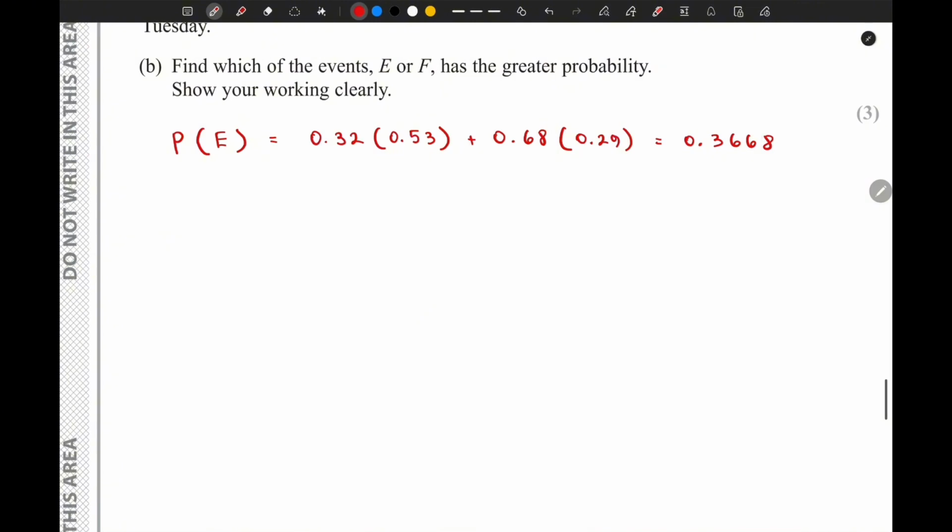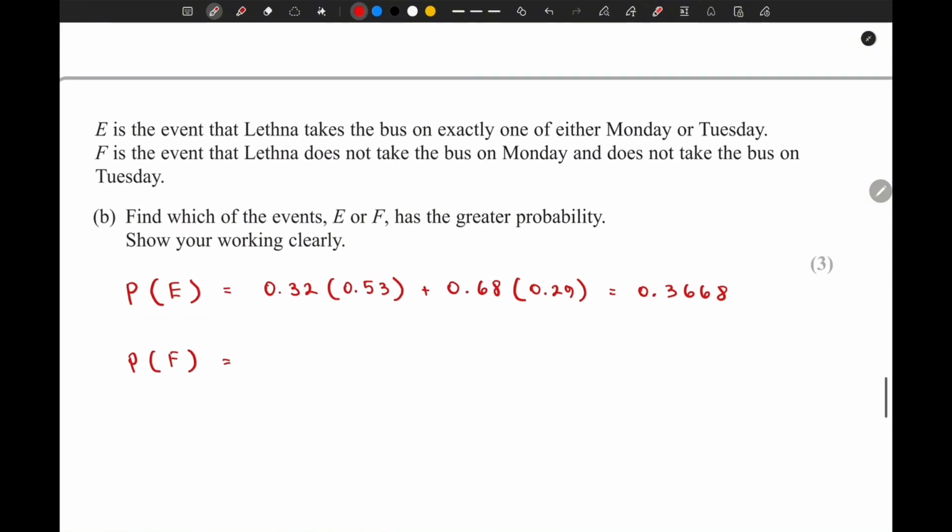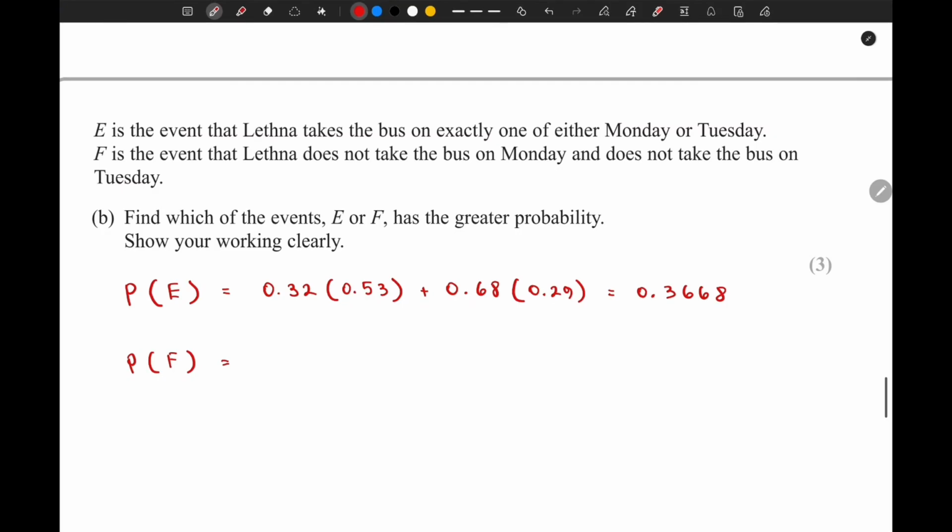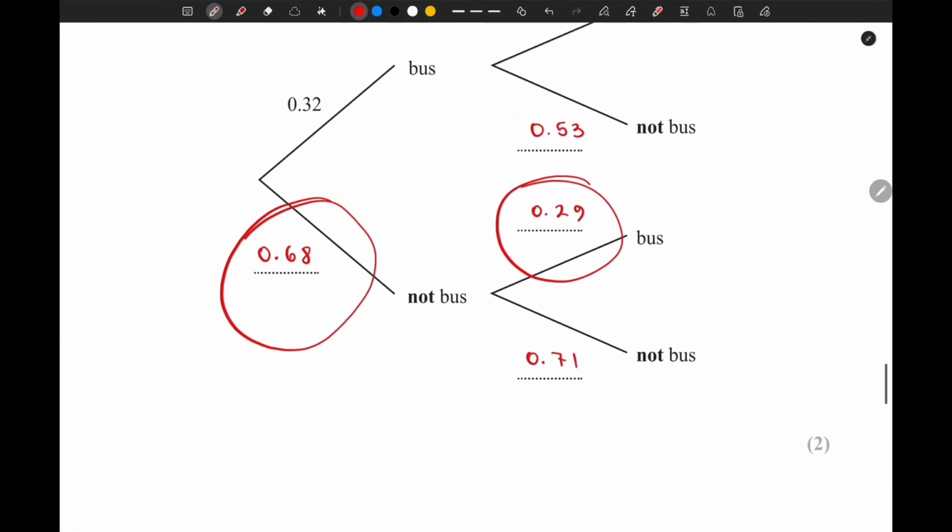Now let's find out the probability of the event F. Now, F is the event that Lethna does not take the bus on Monday and does not take the bus on Tuesday. So she does not take the bus on Monday and does not take the bus on Tuesday. So it's only one combination.